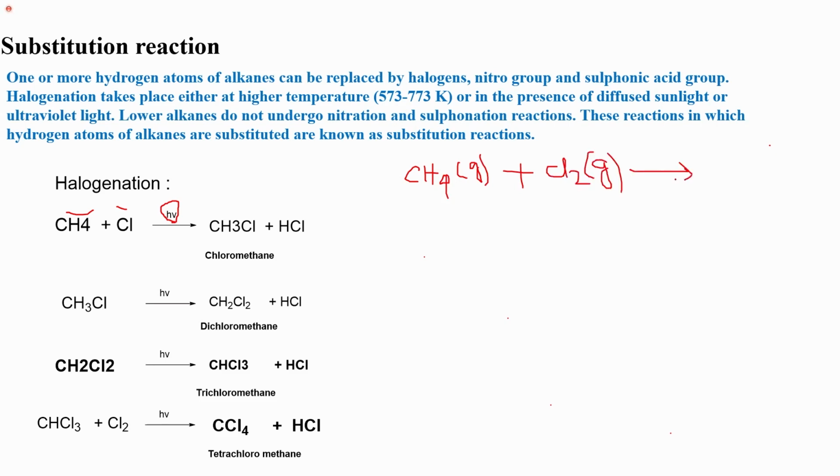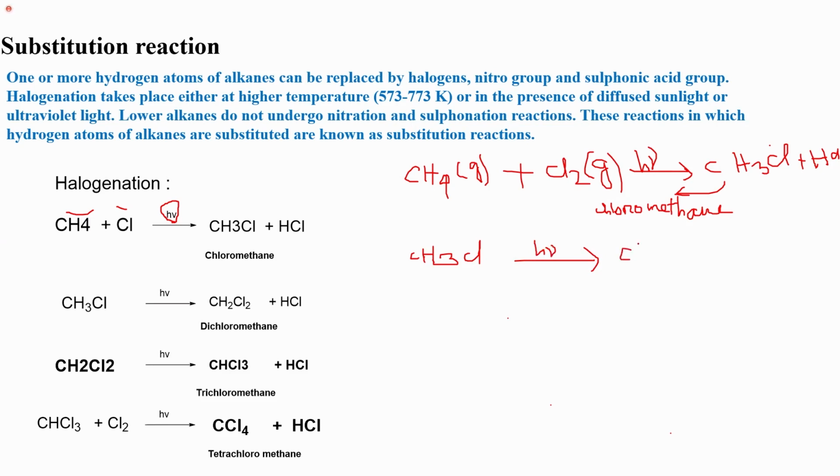Under photolytic condition, what are we getting? We are getting CH3Cl plus HCl. CH3Cl is called chloromethane. Under photolytic condition, this CH3Cl will give CH2Cl2 plus HCl.